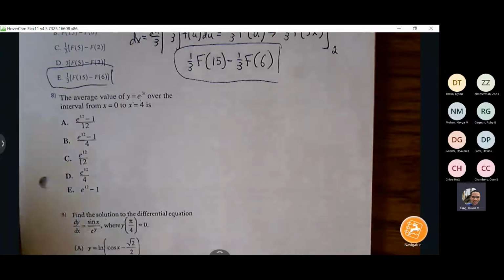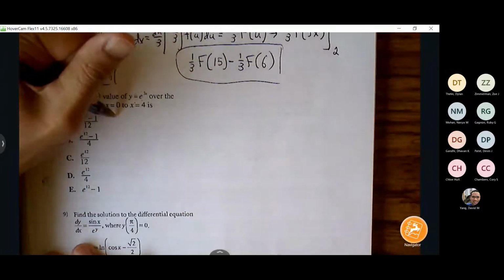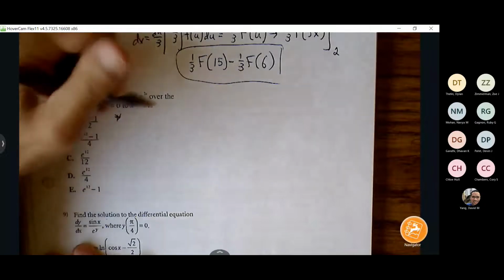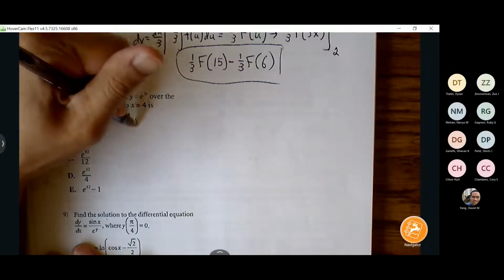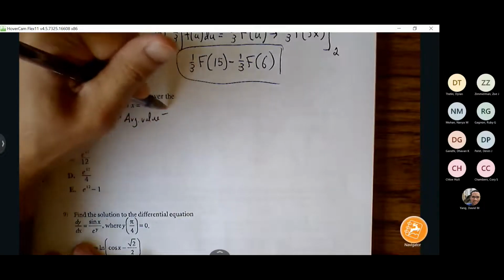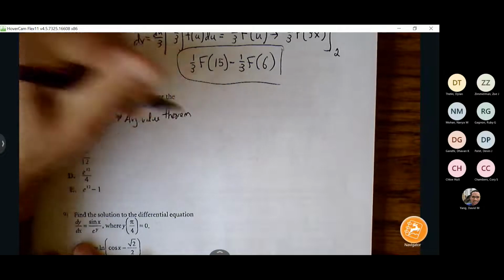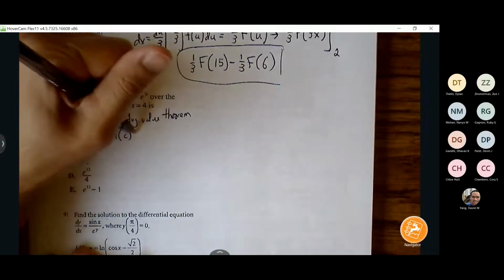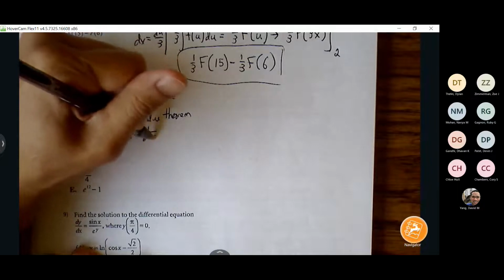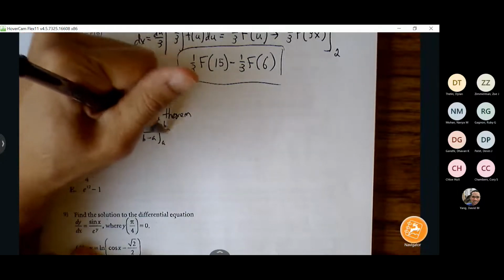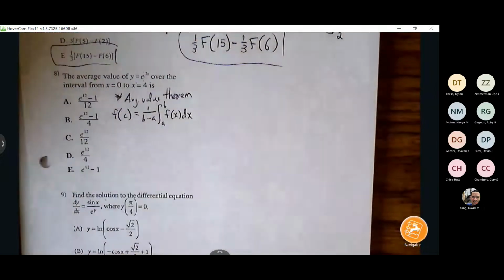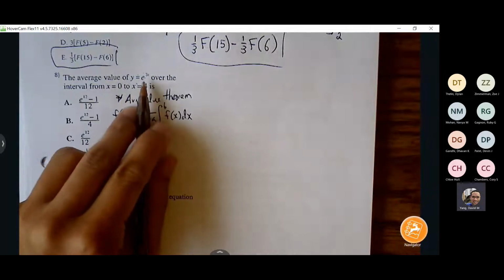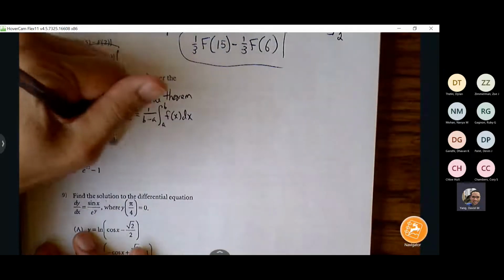Let's go through all the work. A and B are 0 and 4. Our function is e to the 3x.